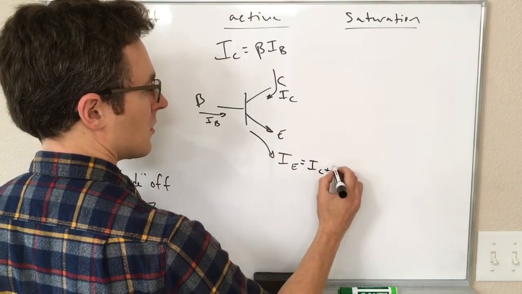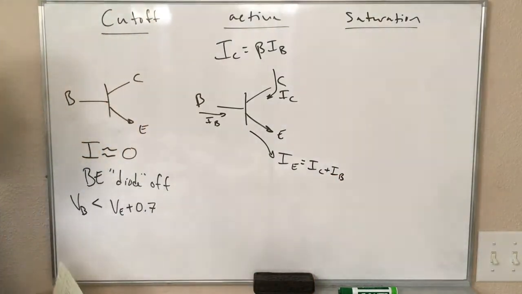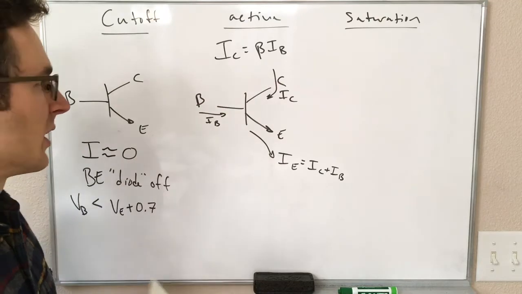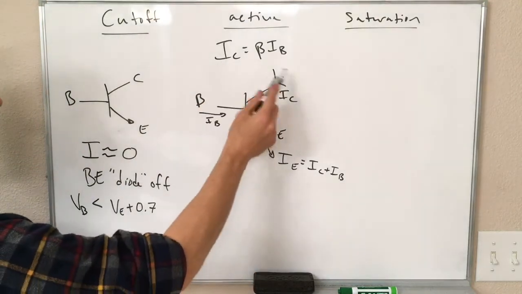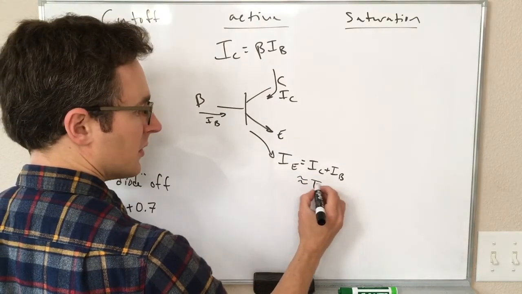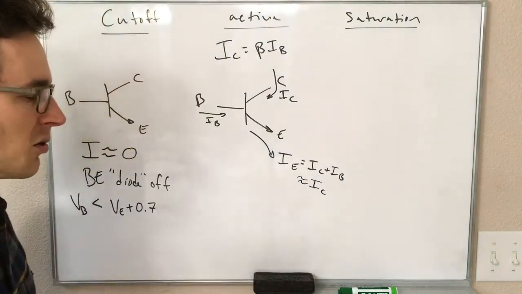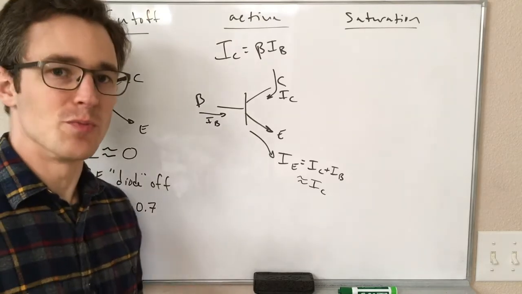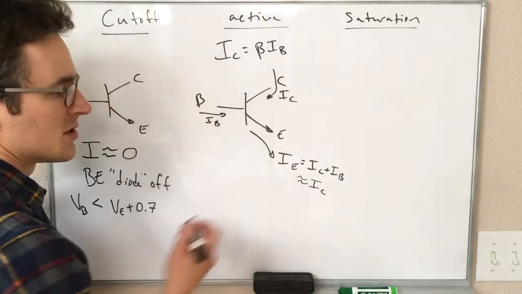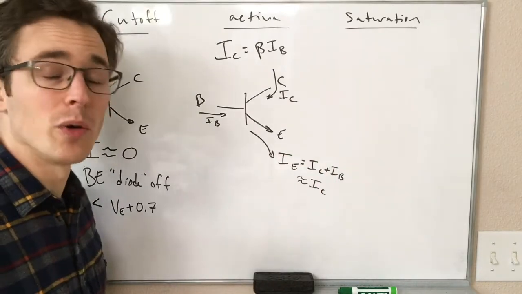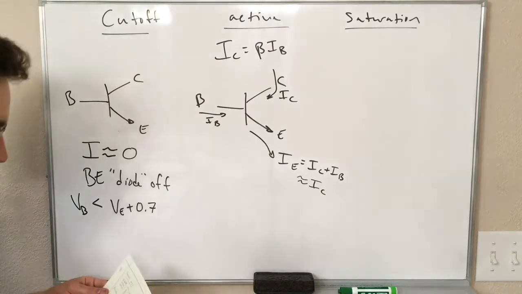This is just Kirchhoff's law. The current coming out is equal to the two currents going in. But of course, if the collector current is 100 times higher than the base current, this is really approximately equal to the collector current. So if we only need our answers to be accurate to 1 or 2% or something like that, this is a reasonable approximation to make because IB is only roughly 1% of IC.